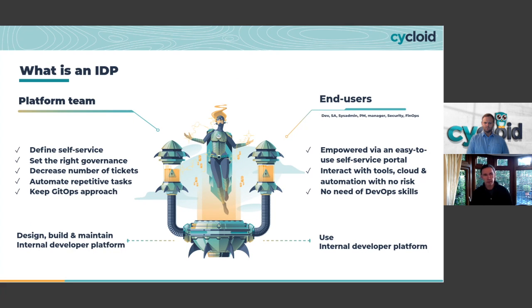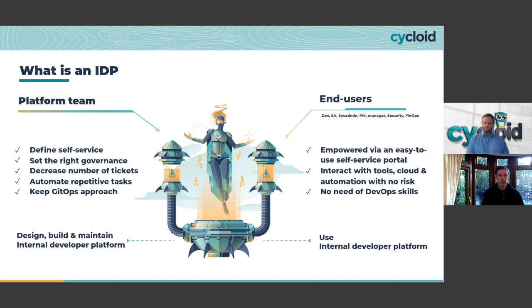So what is an IDP? An IDP is designed, built and maintained primarily by the platform team. And we've got some very defined functions that we would expect to see within an IDP. It should provide self-service, number one. Absolutely needs to do that. It should have the ability to set governance, to allow role-based access controls for its users.